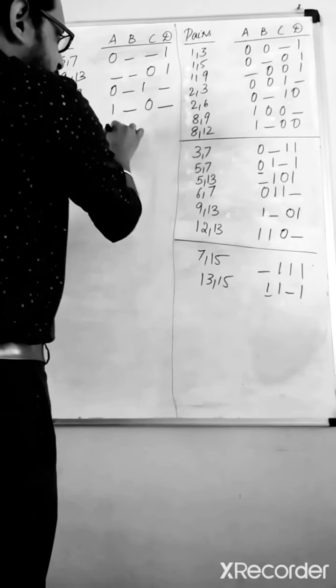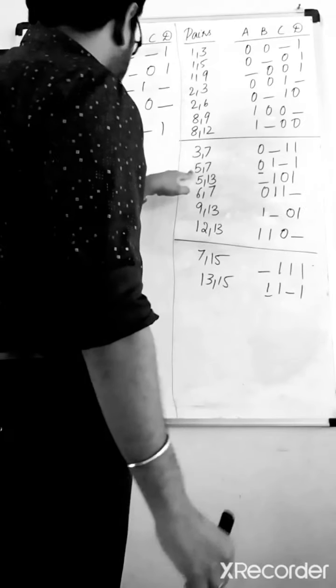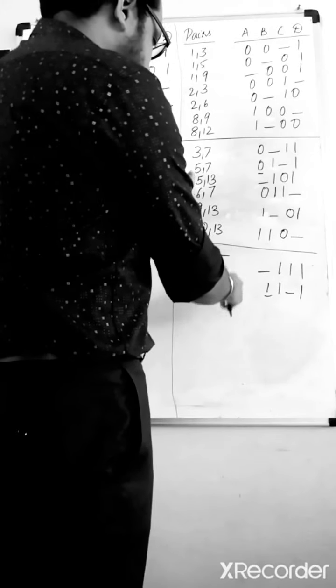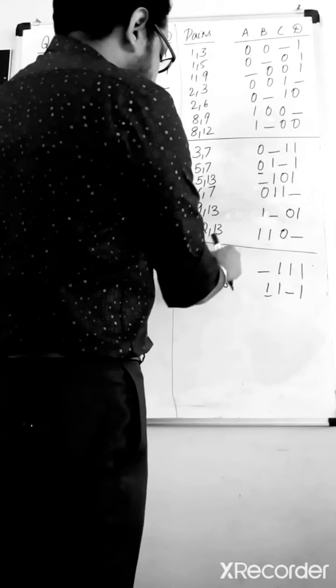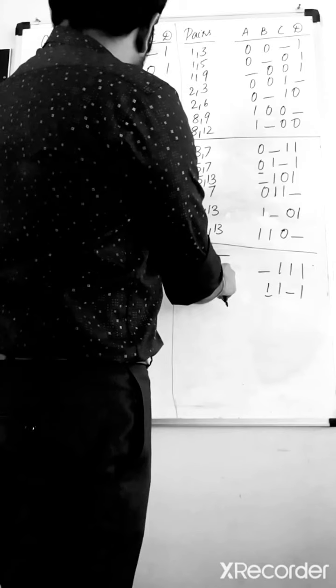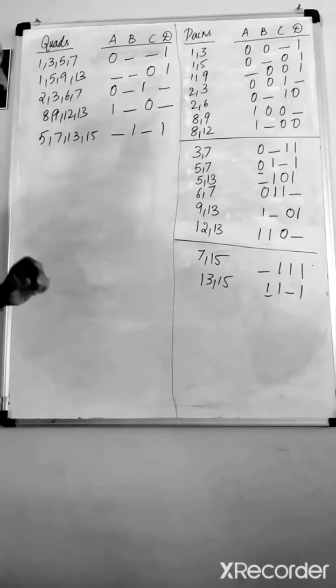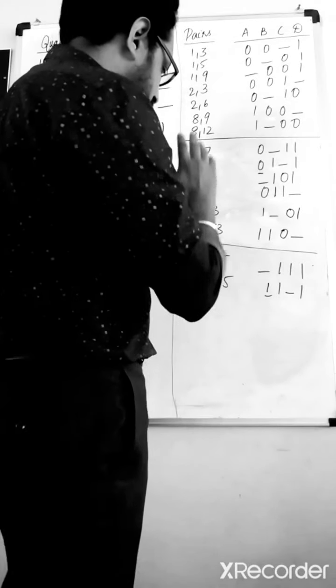Where is the change? Dash 1 dash 1. Okay. Next one is 5 13 with 7 15. 5 13 7 15 is the same as 5 7 13 15. Remove it. It can't be taken.